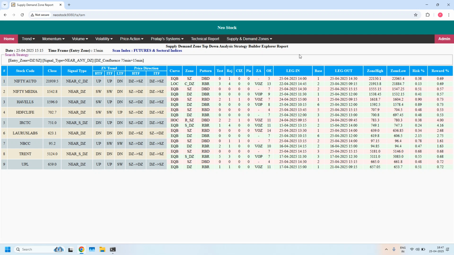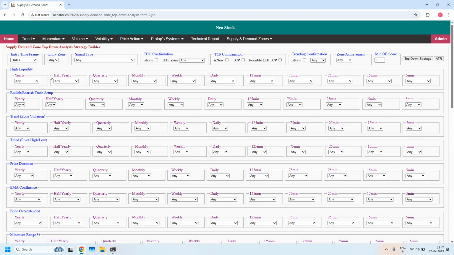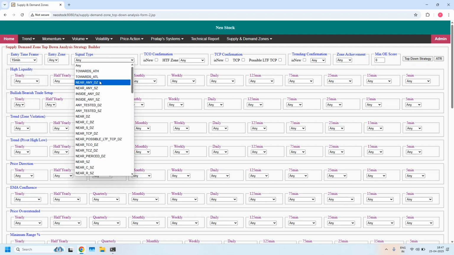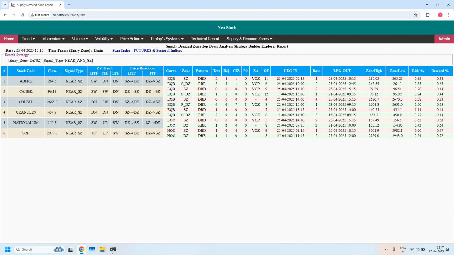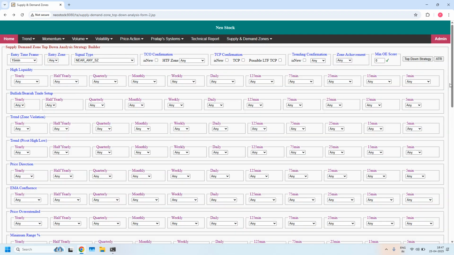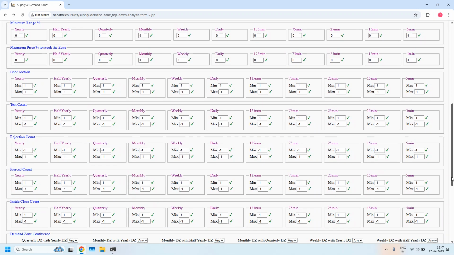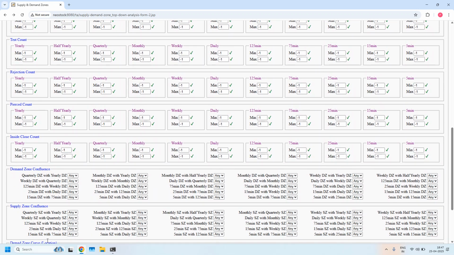Okay, next, 15 minutes time frame. Stocks near to the 15 minute supply zone, we got 6 stocks. Now let us filter based on supply zone confluence, that is 15 minutes and 75 minutes supply zone confluence supported stocks.